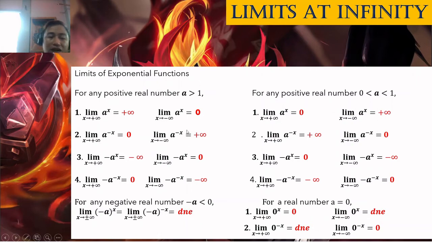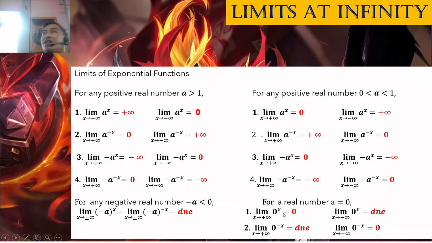Okay? If we graph this, it is cut off because there is nothing on the side of the negative values. Then for 0, 0 to the power of x, for any positive x, 0 to positive infinity is always 0. If the exponent is negative, 0 has no defined value, since 0 to the power of 0 is indeterminate.